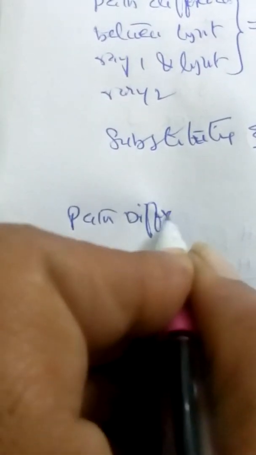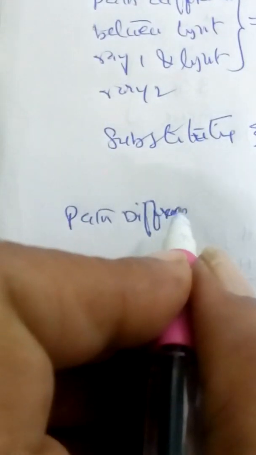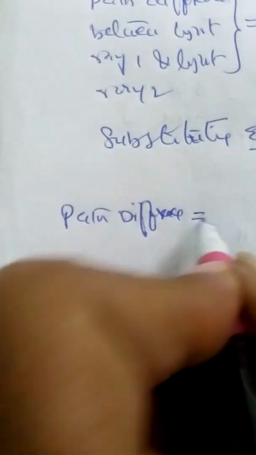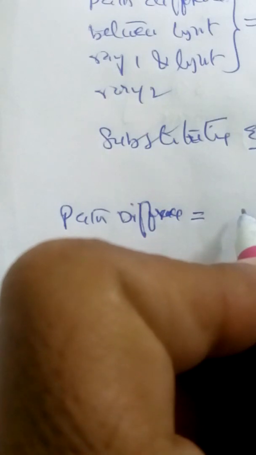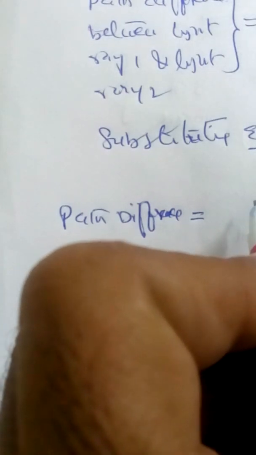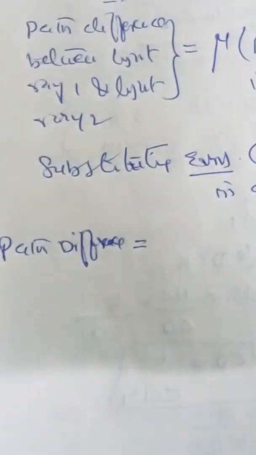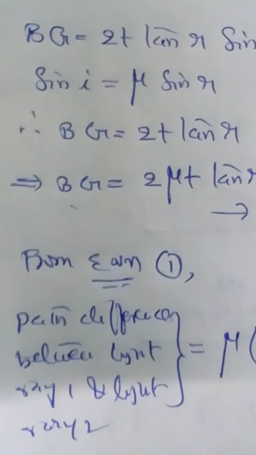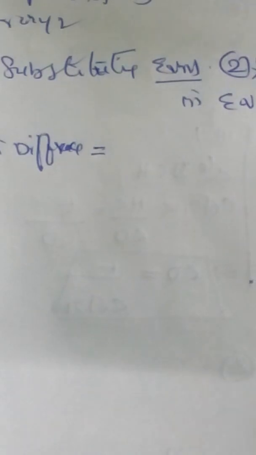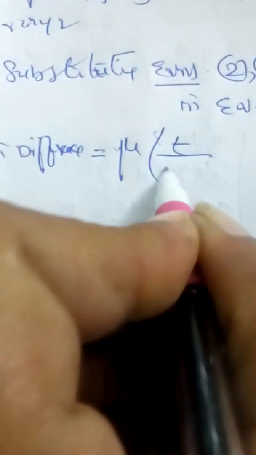Path difference is equal to, simple substitution, mu into BC plus CD. So if you see mu into BC plus CD, mu into BC plus CD, T by cos R plus T by cos R.